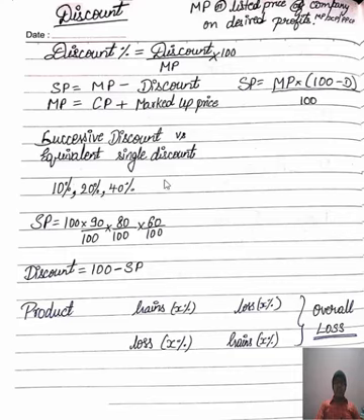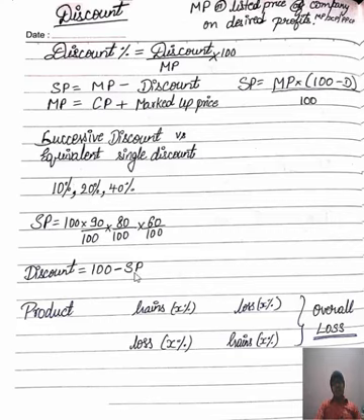Again for 72, you have to calculate 60%. If 10%, 20%, 40% successive discounts are given, then the selling price is 100 into 90 by 100 into 80 by 100 into 60 by 100. Here 90 is 100 minus 10, 80 is 100 minus 20, 60 is 100 minus 40.